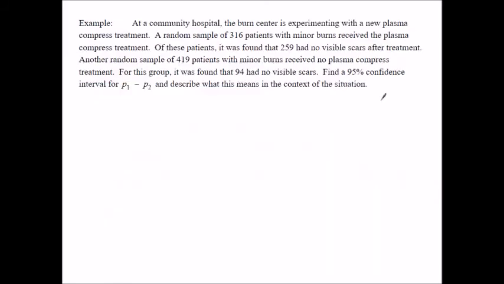Right, as another example, we've got all of this, a random sample of 316 patients. So this 316, that's going to be our N1. Of these patients, it's found that 259 had no visible scars.